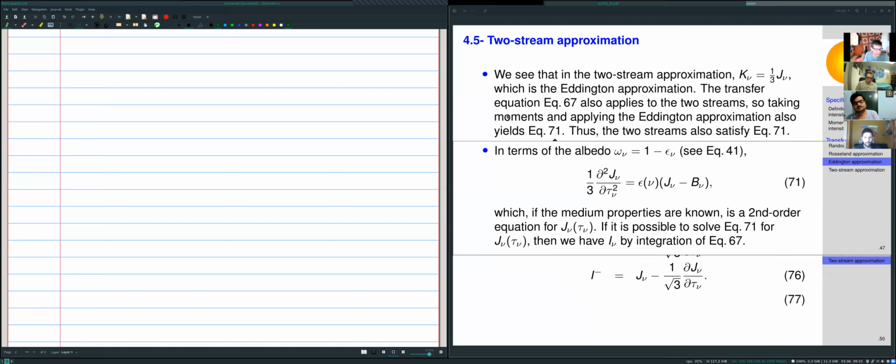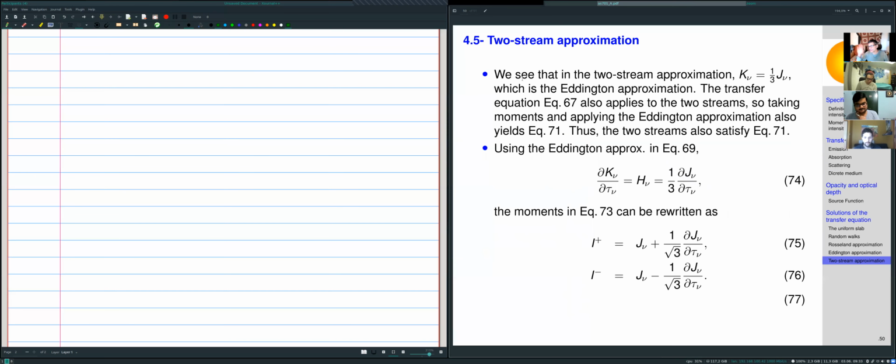Pratiush, go ahead. No need to raise hands, just interrupt me. Okay. Professor, in the book there is a line which says that it is assumed that the entire radiation field can be represented by radiation traveling at just two angles, cos theta equal to plus minus 1 by root 3.